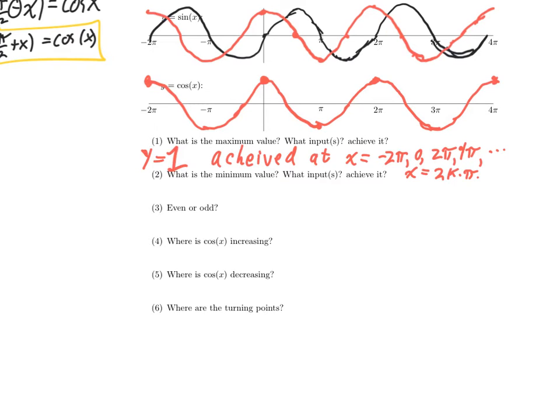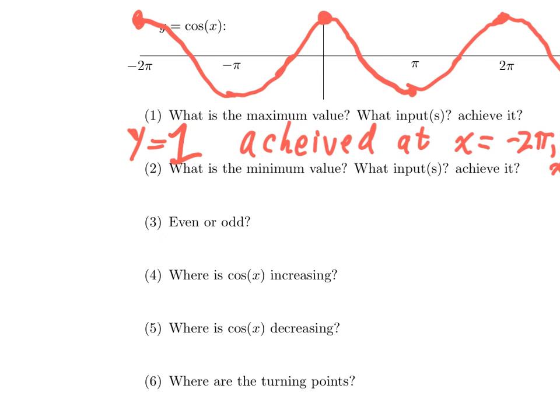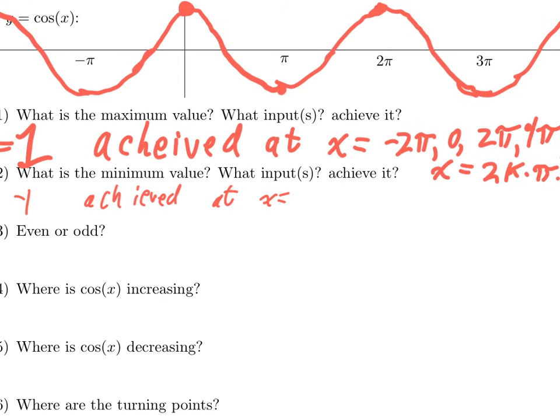What is the minimum value? Well, the minimum value should be the same as the minimum value for sine. So the min value is y equals negative 1, and it is achieved at x equal to, well, let's start listing them by looking at the graph above: at negative pi, at 3 pi, at 5 pi, 7 pi, 9 pi, and so on.